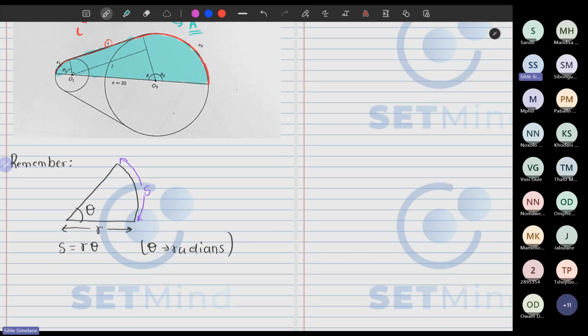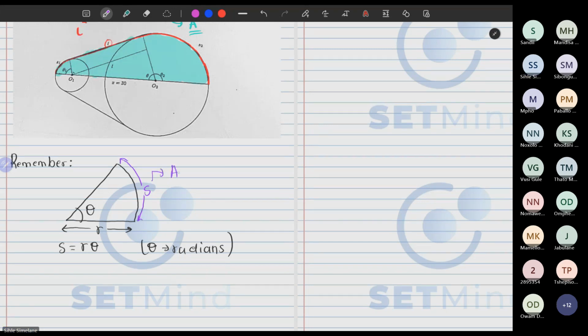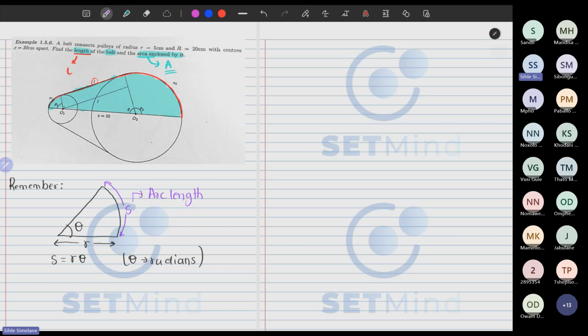So that's one thing we should remember. S here is the arc length. So if we are given the angle of a sector, we can easily find the arc length.